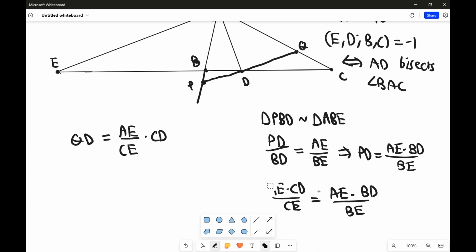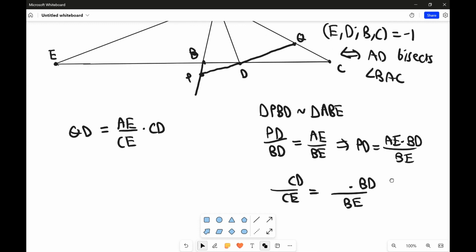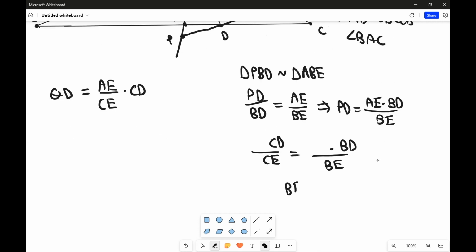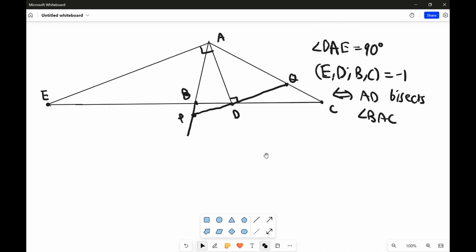The AE's cancel out from both sides, and we are left with this. When we cross multiply, we end up getting BE times CD is equal to BD times CE. And from what we discussed in the past video, this is equivalent to ED and BC making a cross ratio of -1.